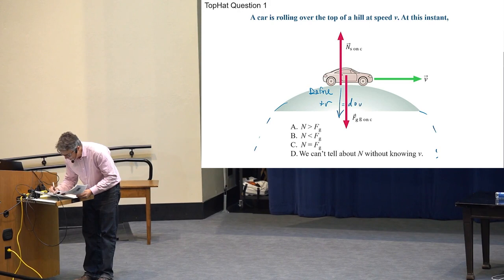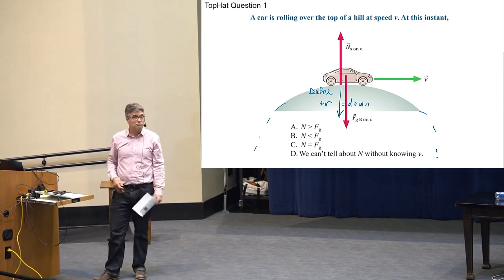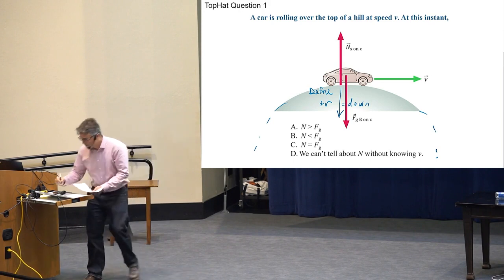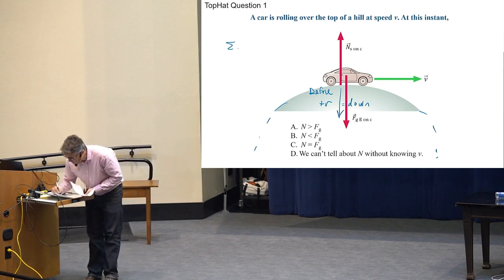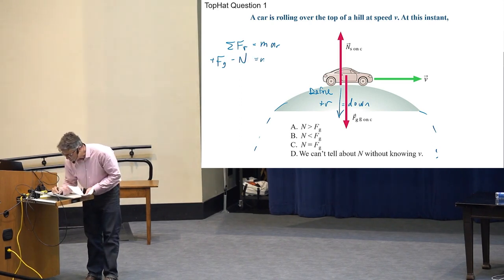The reason it's down is because r always points towards the center of the circular path. Okay? And so the way Newton's second law looks is the sum of F sub r is equal to the mass times the acceleration in the r direction. So it's going to be F g is plus, because that's in the plus direction. Normal force is negative because that's in the negative r direction, equals m times v squared over r.